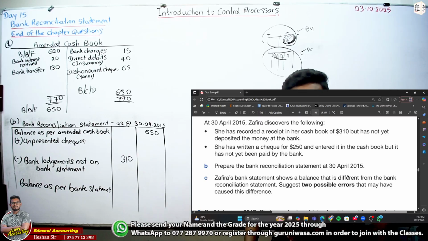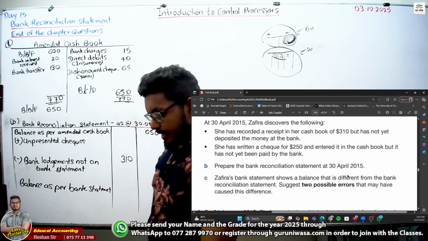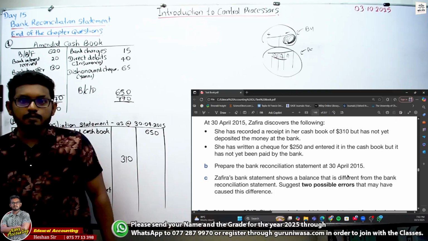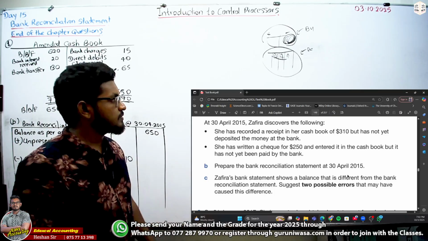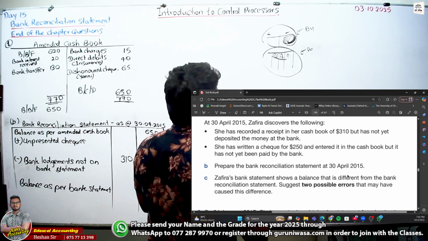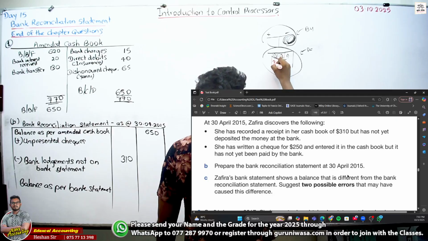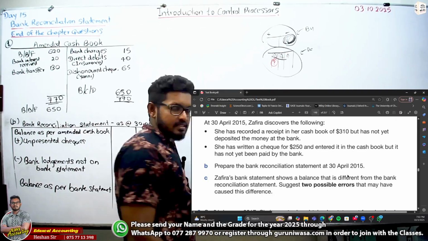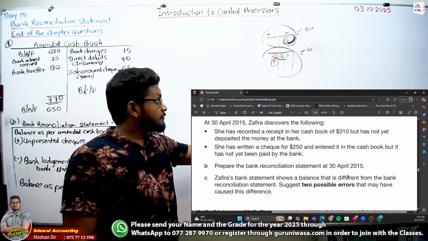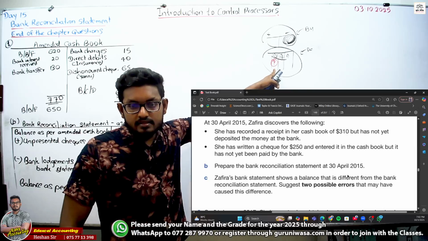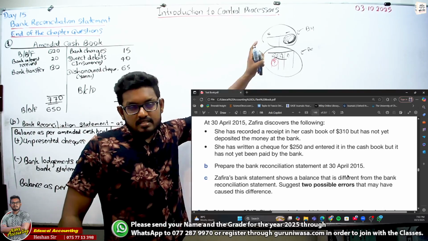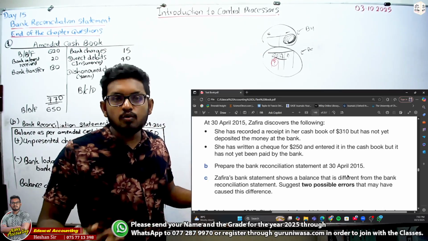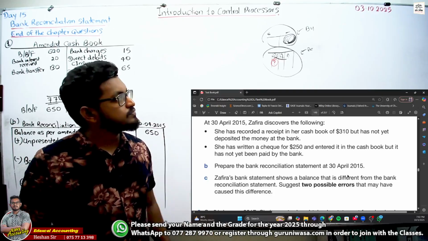We know sooner or later, once this person visits the bank, our bank balance will decrease. But since this person hasn't visited the bank, it is not appearing on the debit side. If he appeared, it would be debited in the bank statement, because once he withdraws the money from the bank, it is recorded on the debit side of the bank statement.